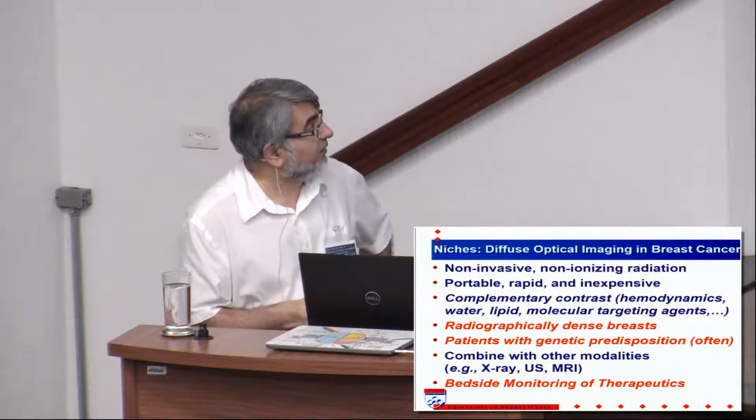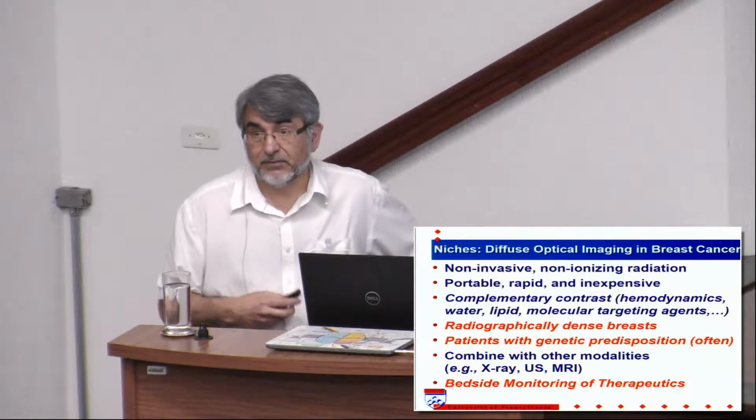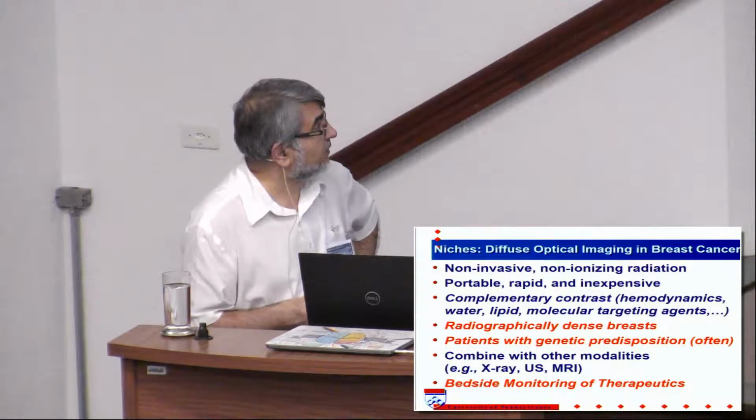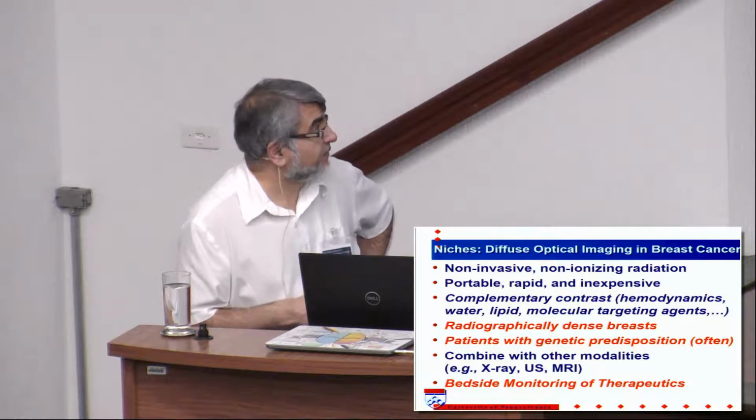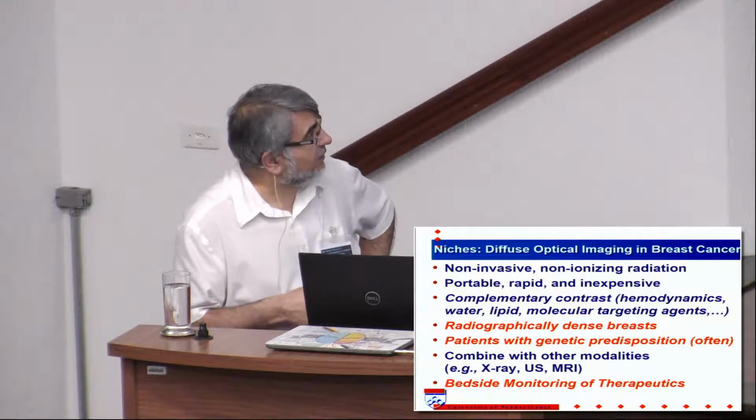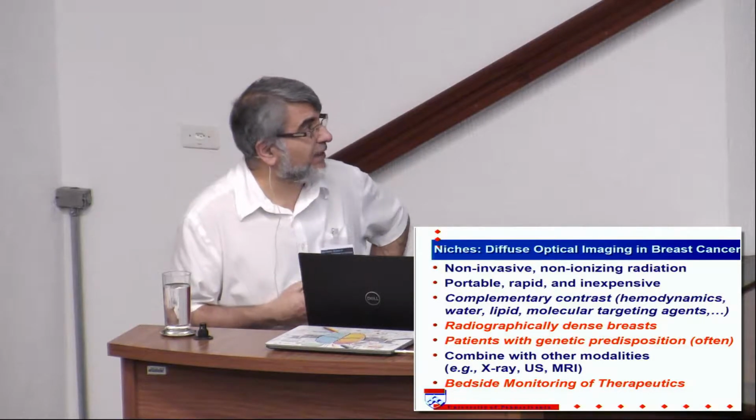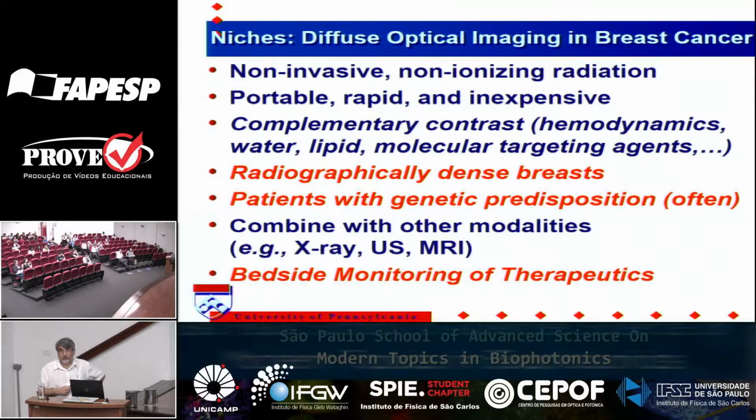And so there's really an opportunity to look with light there regularly. Similarly, if you have patients with a genetic predisposition to getting breast cancer, then you might want to be studying them often, okay? And since it's non-ionizing radiation, it's not a big deal to do that often. So these are things that I think are important.